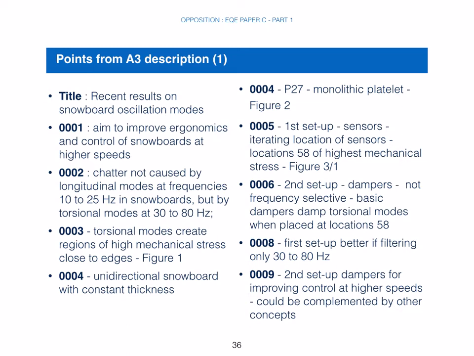Paragraph 4 relates to a unidirectional snowboard with constant thickness, so the thickness is not variable, that's important. Paragraph 4 introduces the material P27 and the monolithic platelet in figure 2.